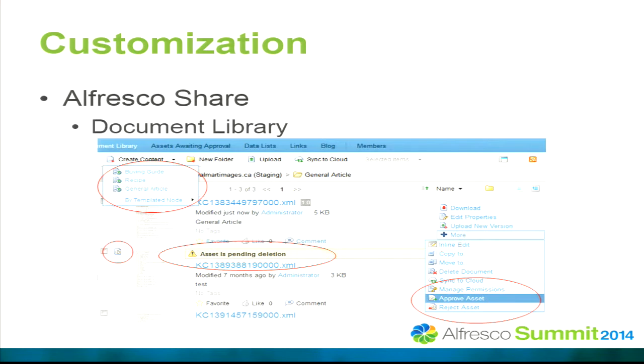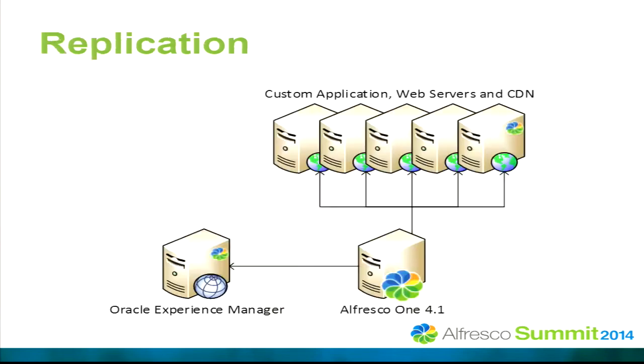And the last three customizations, the actions, the metadata template, and the status indicator, all used evaluators within Share to determine whether or not they should be displayed. There are a bunch of evaluators out of the box, and I think we used one that simply determined whether a property was true or false based on its presence on that node.